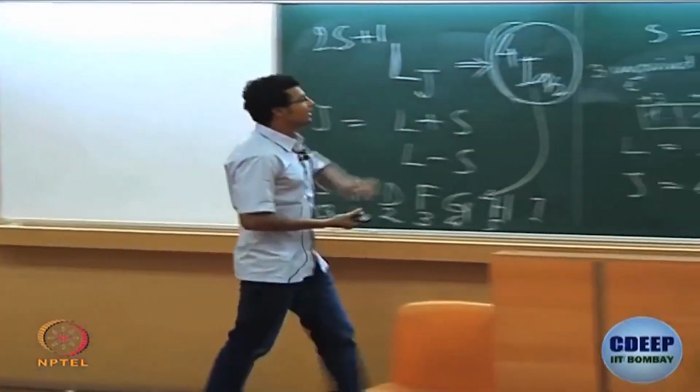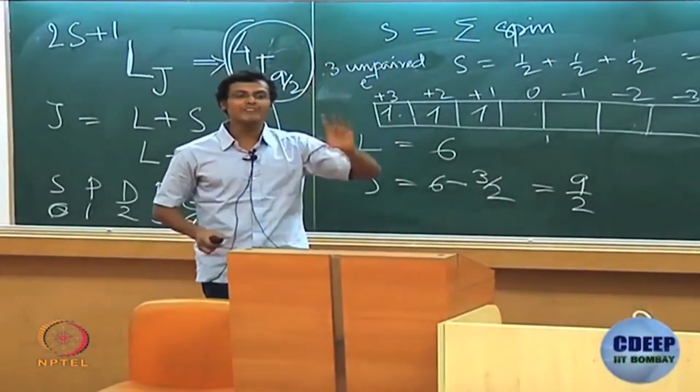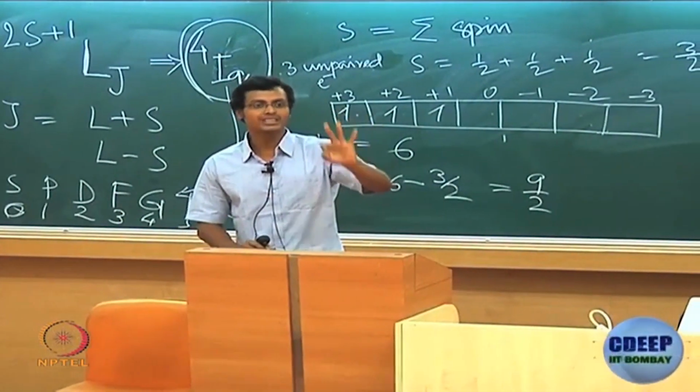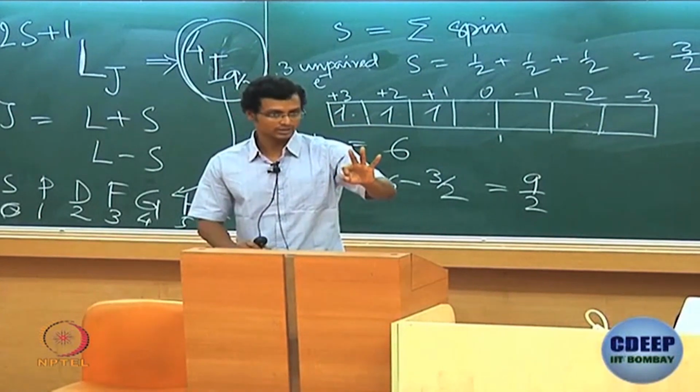What it tells you is the total spin. Let's say you have an F3 electron configuration, 3 F electrons.